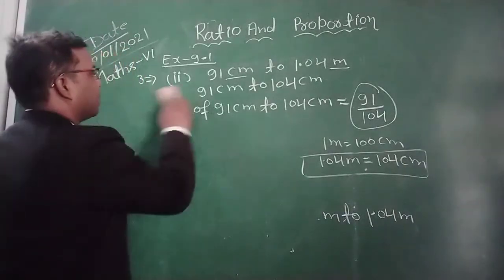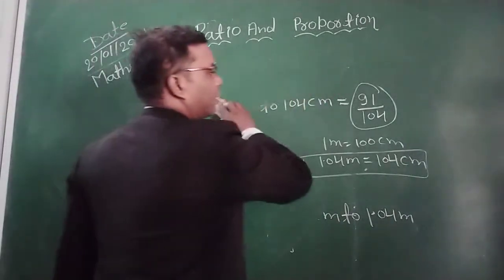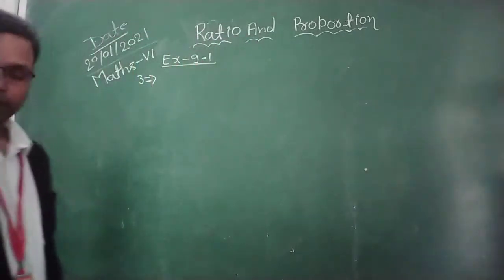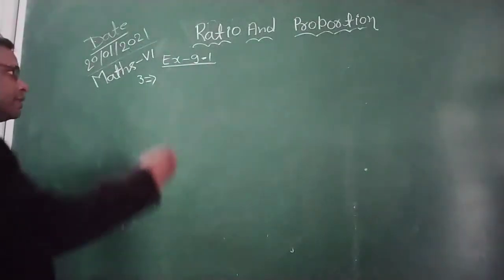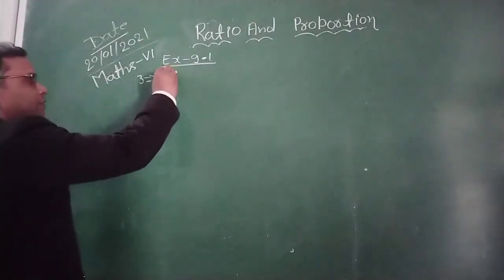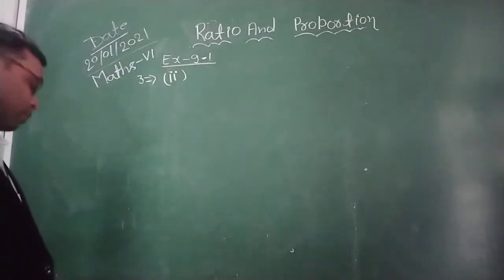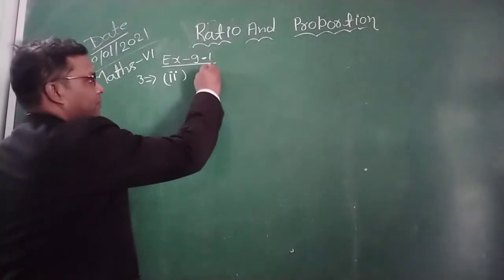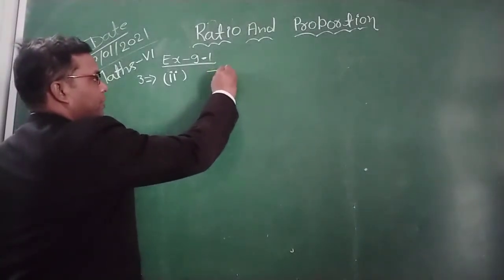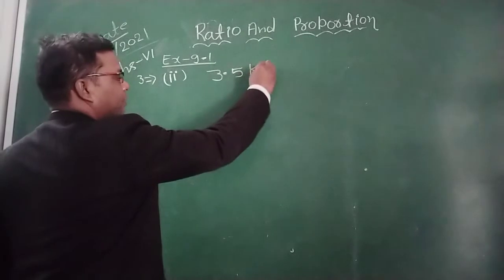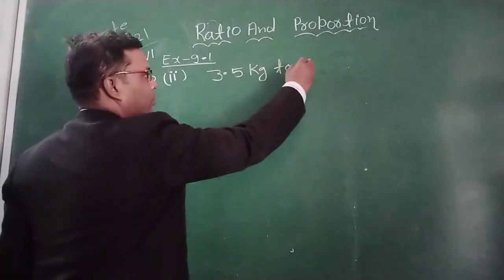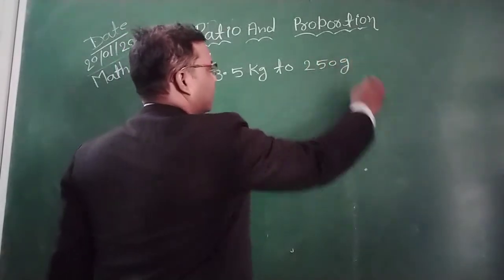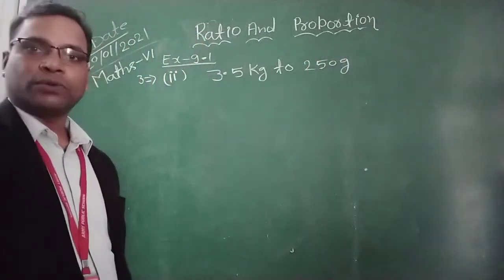Here the third part is the ratio of 3.5 kg to 250 gram.